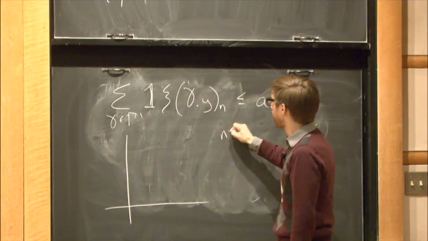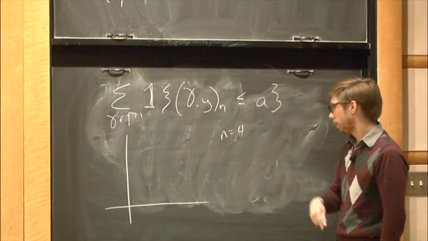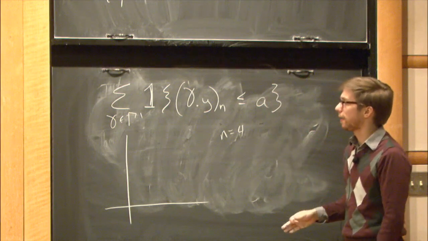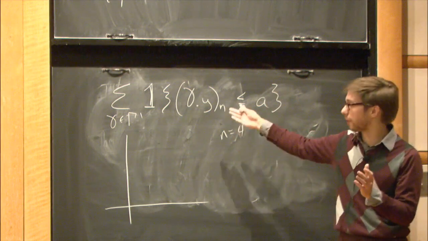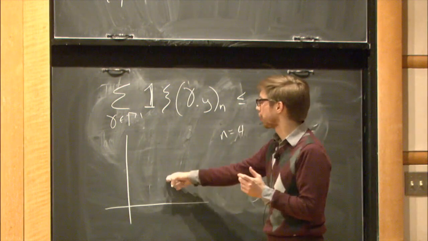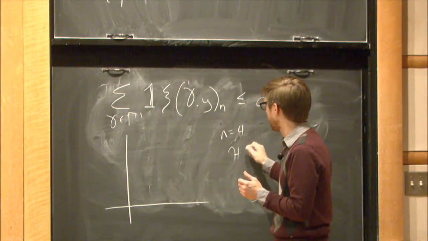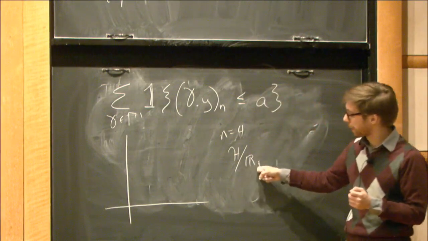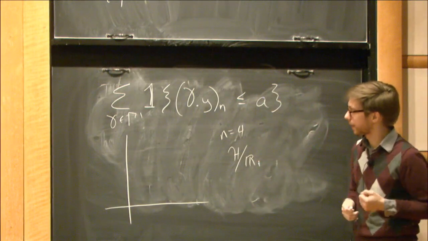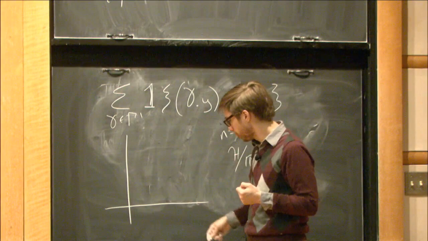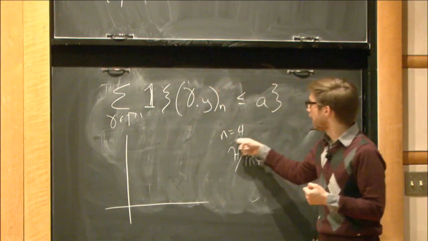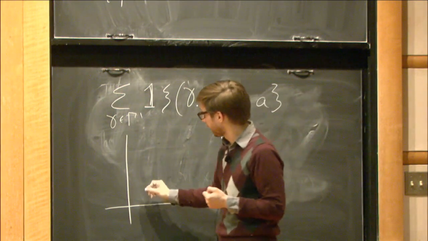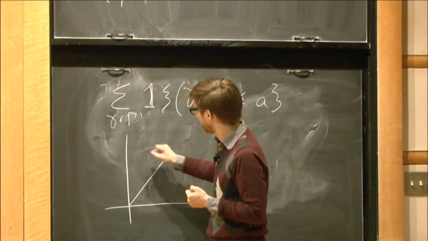OK, so in the n equals 4 case, what sort of picture do we have of the hyperplane itself and the action of the generators on that hyperplane? I'm going to draw this in 2 dimensions. I'll draw the projectivized hyperplane. We're losing a dimension by projecting, and we're losing a dimension because we're on this hyperplane. So we get this 2D picture. The image of this region looks something like this triangle.